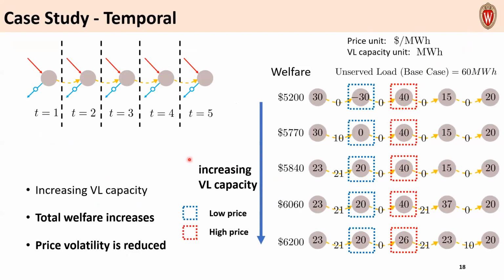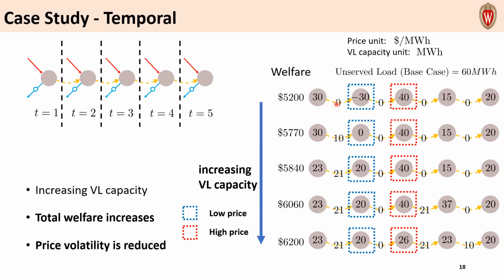Then we run the temporal case study here, where we look at one data center co-located with a generator across 5 time points. At each time, the data center can delay some amount of its computing tasks to the next time point, as shown by these yellow virtual links here. We run 5 cases with increasing virtual link capacity, and we see that the welfare increases and the price volatility decreases, similar to the spatial case.